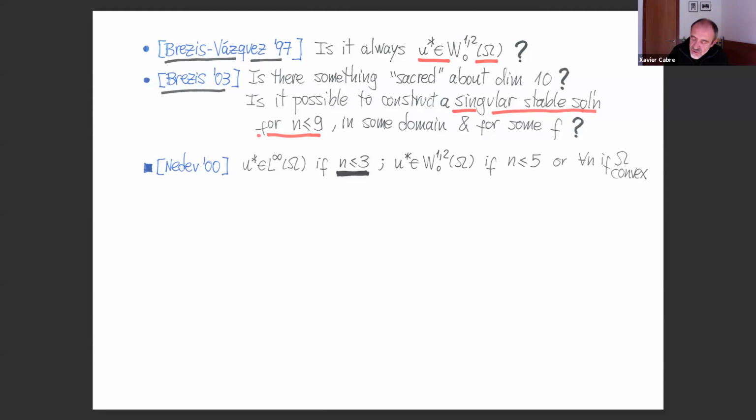So take your favorite reaction diffusion equation, even without a parameter, take a stable solution. The proofs, don't worry about this, give an a priori estimate for any stable solution, not only for the extremal. And Nedev was able to get this up to dimension 3, okay?